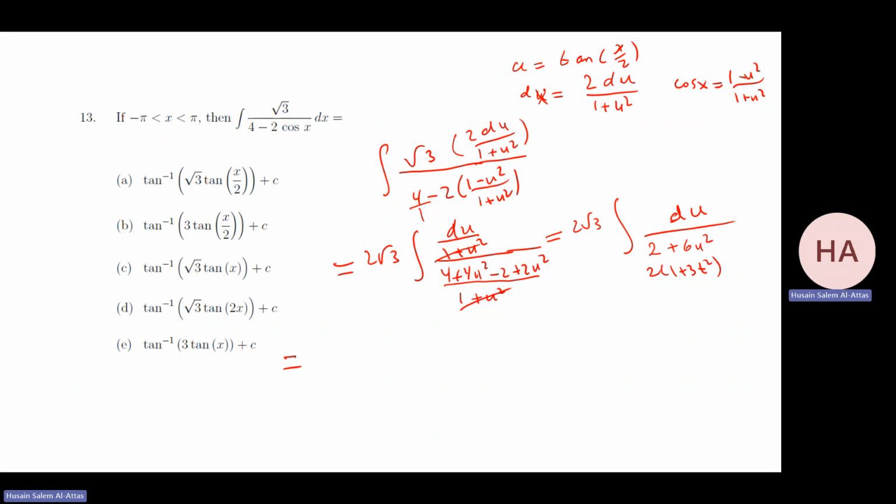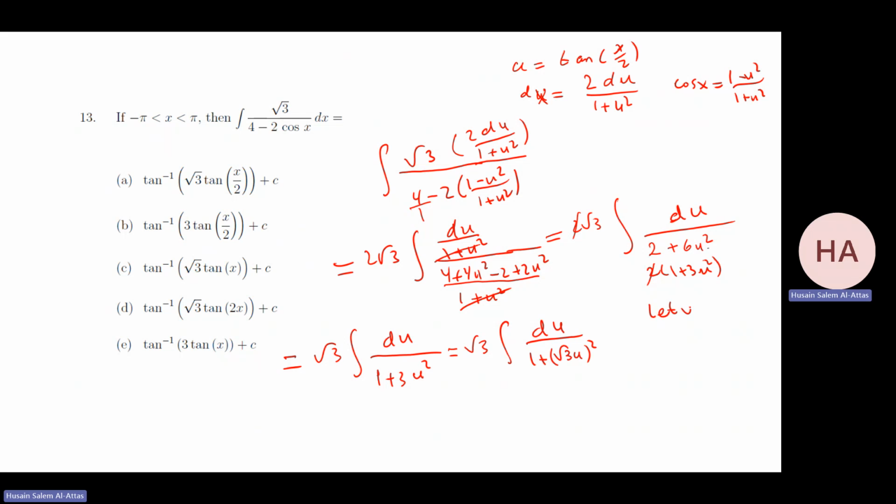The square root of 3 integral du, 2 will be cancelled, over 1 plus 3u square. Okay, which I can rewrite as square root of 3 du over 1 plus the square root of 3u whole square.